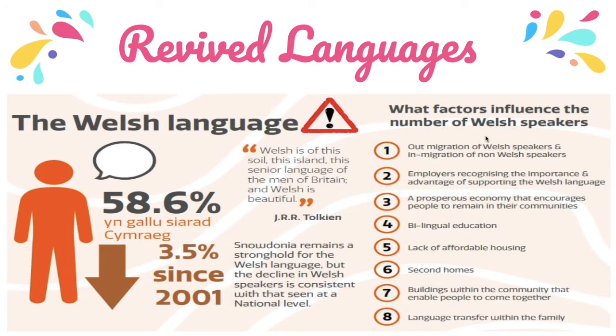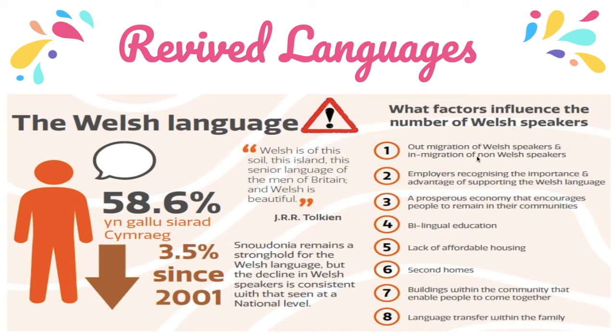Finally, Welsh. Welsh is another example of a revived language, and I thought this chart was interesting because over on the right, it talks about some of the factors that influence the number of Welsh speakers. These are things that you could potentially use in a free response question on the AP exam or on a future test, thinking about things like migration.